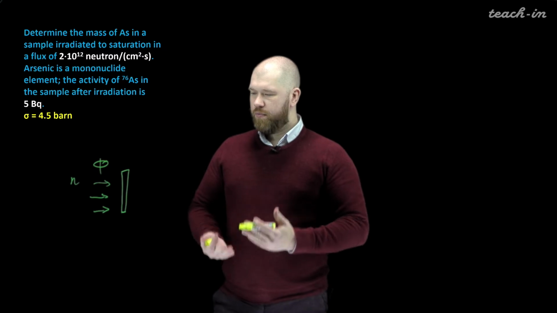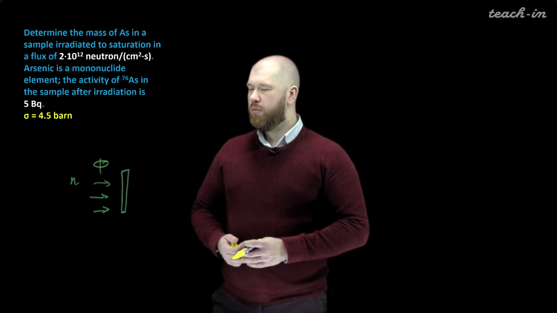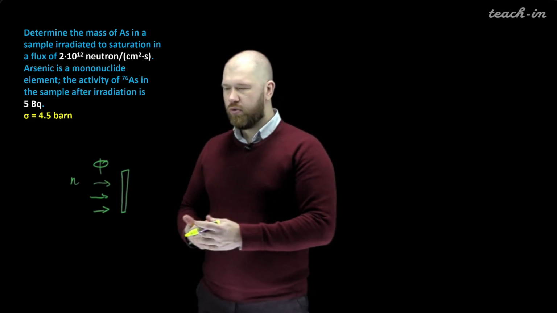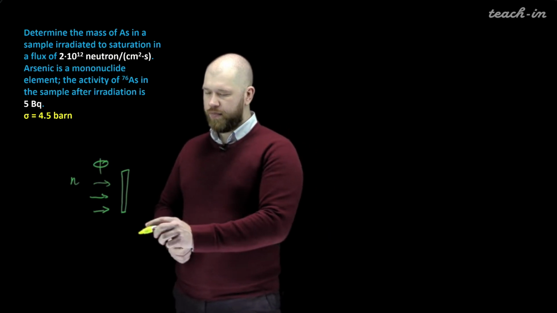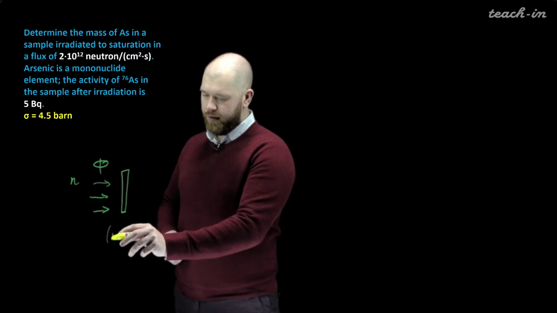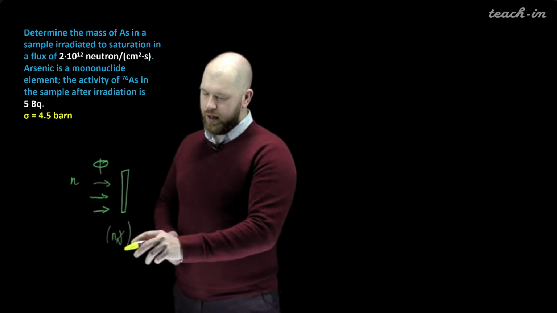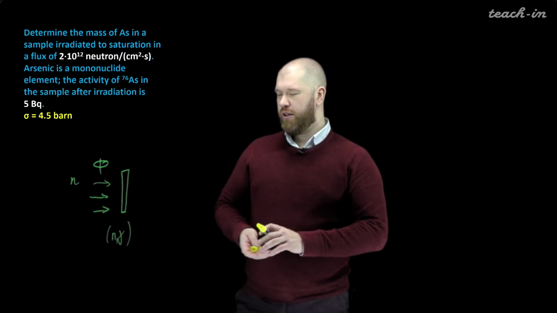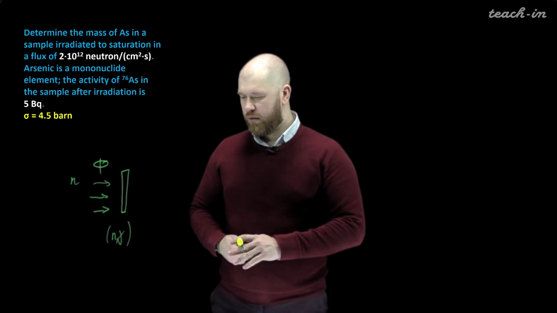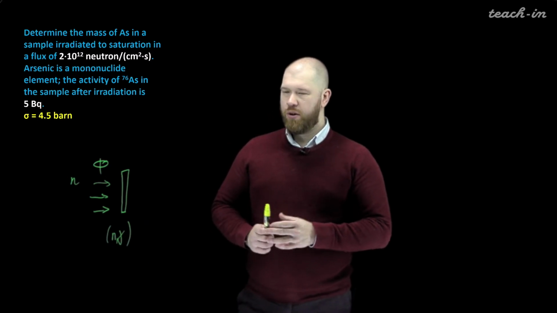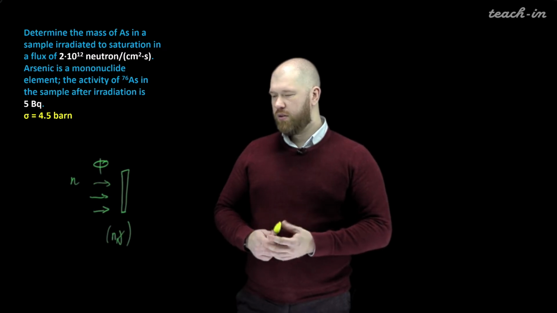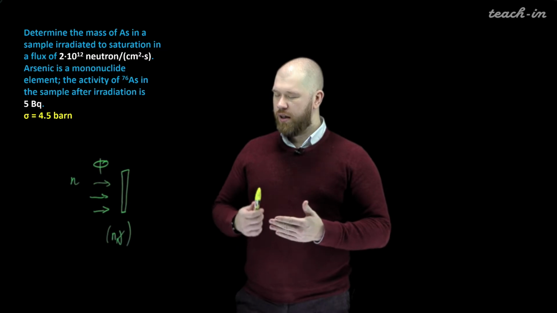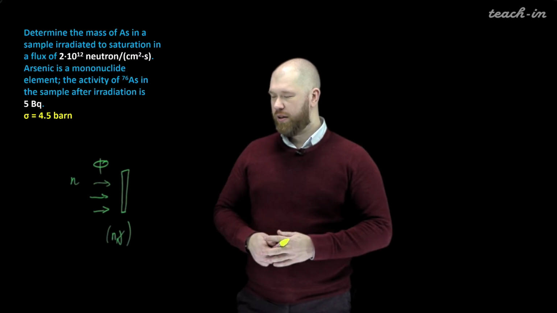Due to the nuclear reactions, the neutron-induced nuclear reactions that we already know about, very often we have an (n, gamma) reaction. That means that we irradiate our target with neutrons, and we produce another radionuclide, for example, that emits gamma rays.